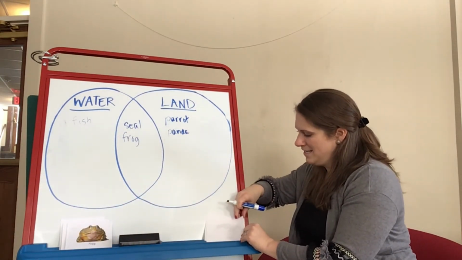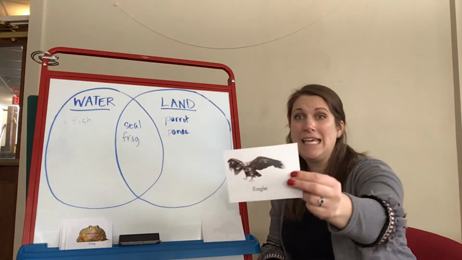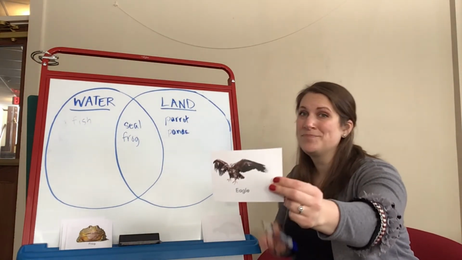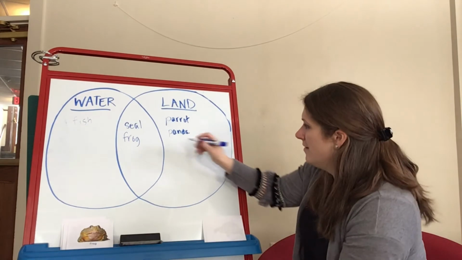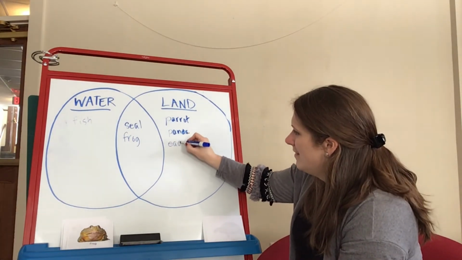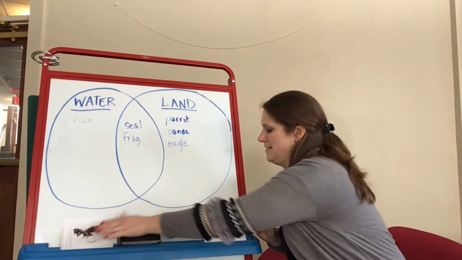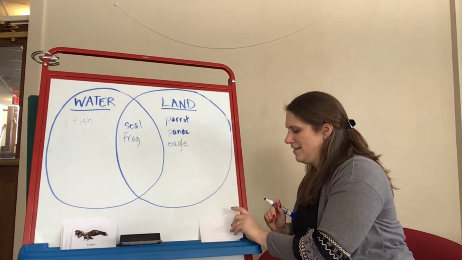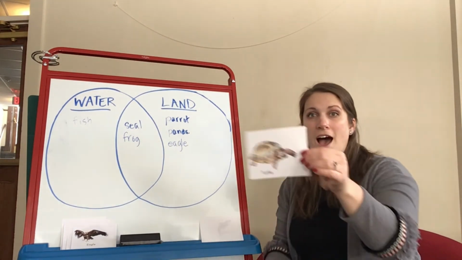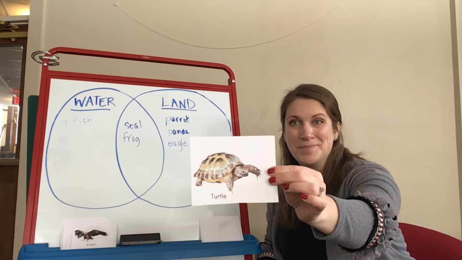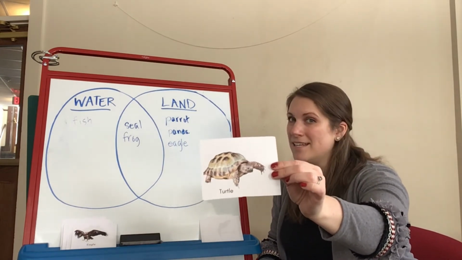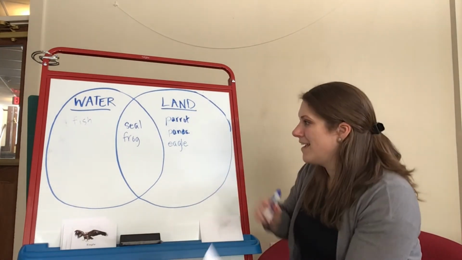All right. What else do we have? Ooh, an eagle flying in the sky. Definitely not a water animal. Eagle. Under land. All right. What else do we have here? A turtle. That's another one that I've seen that can swim and crawl on land.